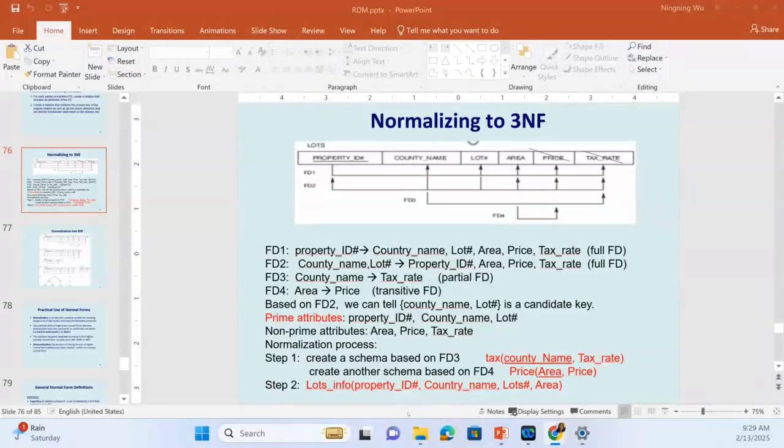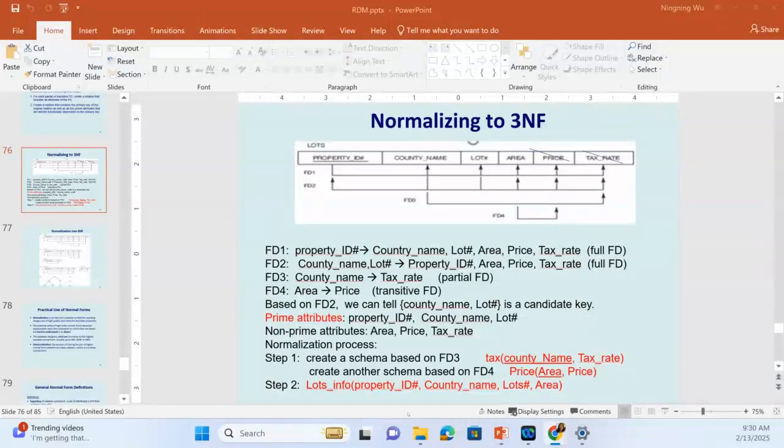But if we find some non-prime attributes that are only dependent on another set of non-prime attributes, that indicates those types of functional dependencies are transitive functional dependencies. So in the third normal form, no transitive functional dependency is allowed. In second normal form, no partial functional dependency is allowed.